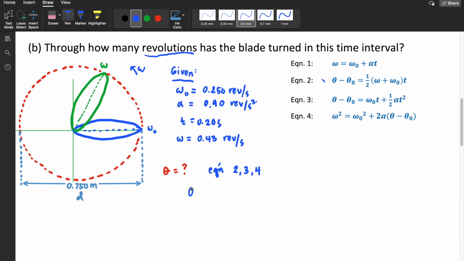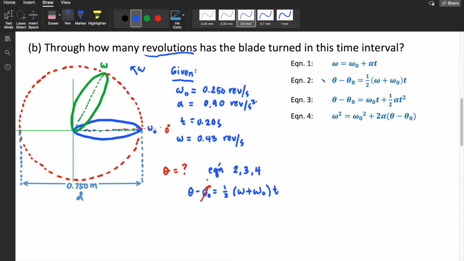So until then, you'll have theta minus theta sub 0, which is simply equal to 1/2 times omega plus omega naught times t. So theta naught is simply equal to 0. Okay, this is our inertial frame of reference. So 0 nga angle na gi-measure diri, or 0 radians.